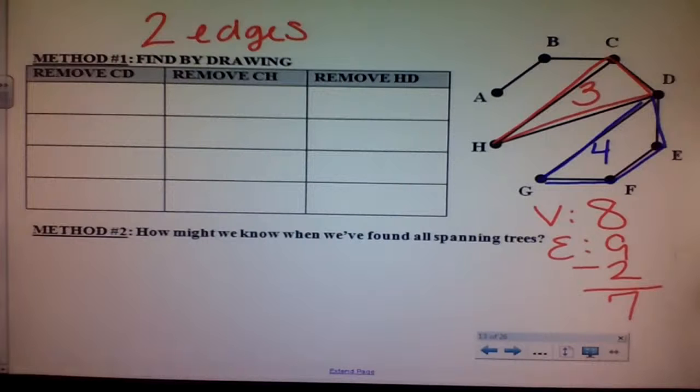Okay, so I have 3 ways to remove the first one. I have C to D, C to H, or H to D. I have 4 ways to break up that second one. I can break it up by removing G to D, G to F, F to E, or E to D.